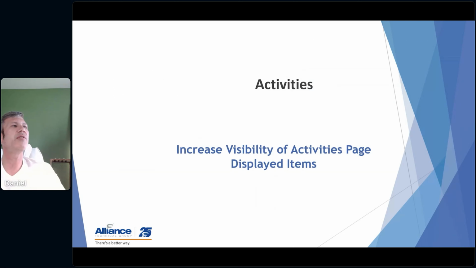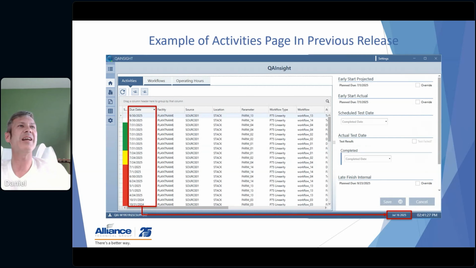Activities. So, increased visibility of activities on the page and displayed items. In the previous release we had due date, and we still have color coding, even though I forgot to include it in the next slide. The activity page before only displayed activities whose due dates were less than or equal to the current quarter, right?